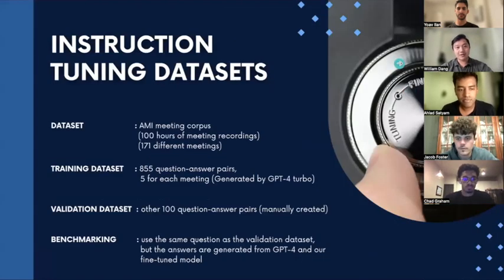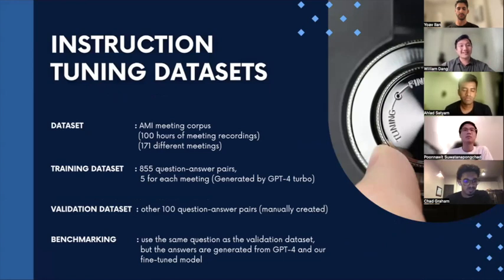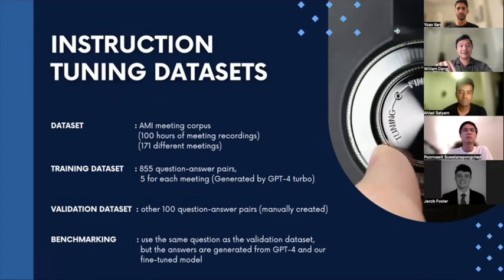Thanks a lot. So let's talk about our data. We started with the AMI meeting corpus, which is a corpus of audio recordings, about 100 hours, of about 171 different meetings about remote controls. We used that data to create 855 question and answer pairs, 5 for each meeting, generated by GPT-4 Turbo.